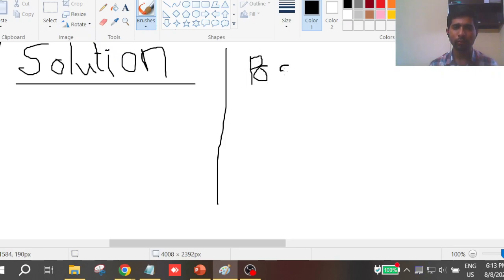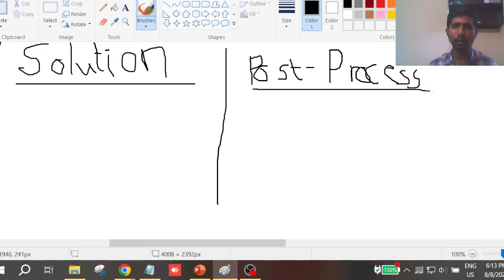Post-processing: once you get the solution, say for example temperature, you have to analyze what the heat transfer is. In industries you will mostly need the value of heat transfer. Using a particular type of fin, I want to enhance the heat transfer.